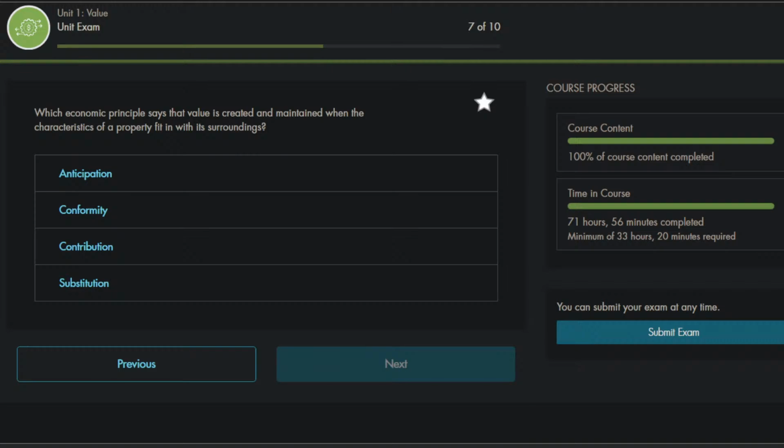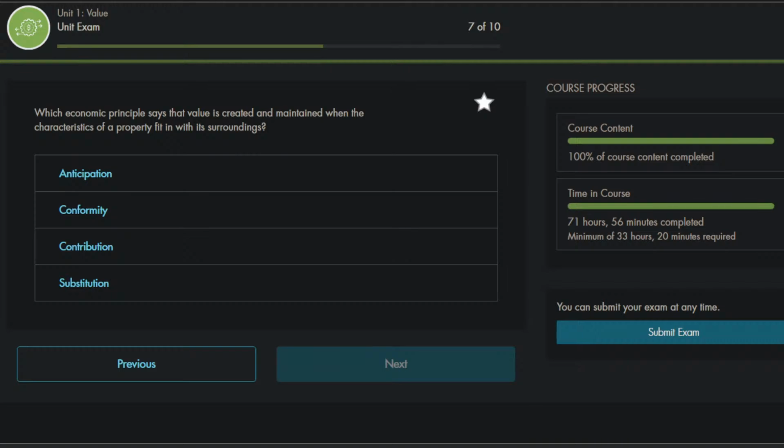Which economic principle says that value is created and maintained when the characteristics of a property fit in with its surroundings?